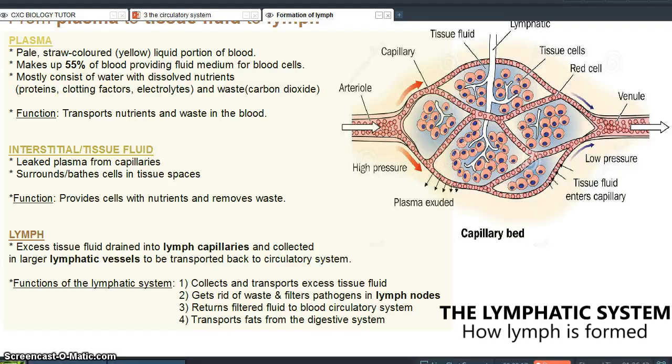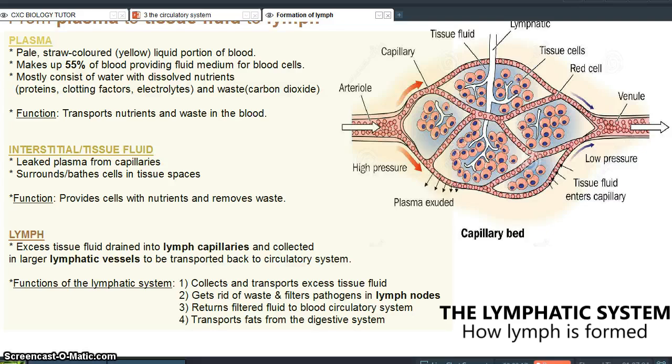Once that lymph has been filtered and gotten rid of all the pathogens, it returns to the circulatory system in the body. Remember, the circulatory system contains the blood vessels and the heart. So that filtered lymph is going to return to the blood circulatory system, and then it pretty much becomes plasma once again.